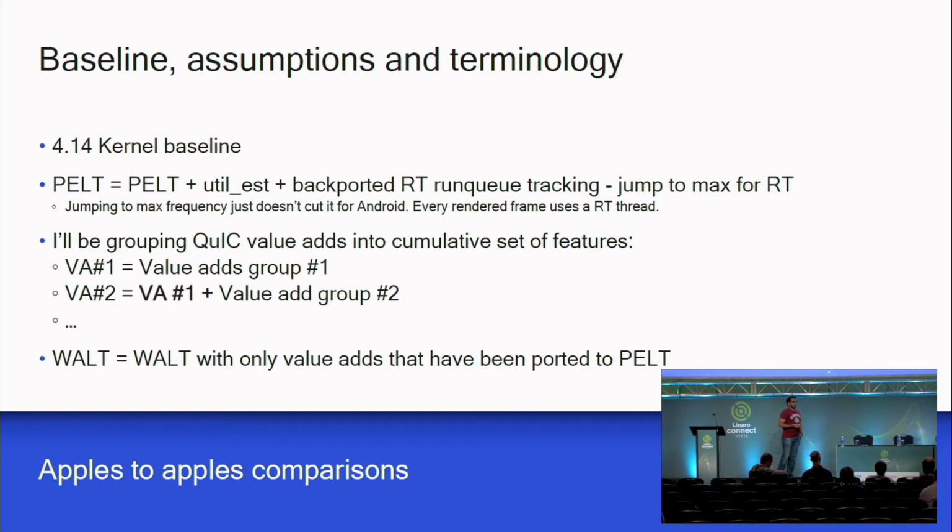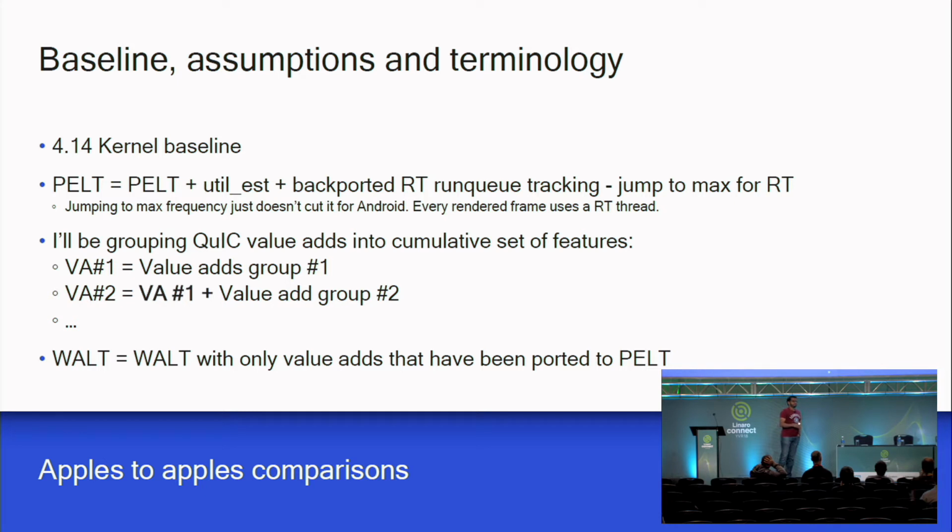Before I present the data, some baseline assumptions and terminology. All of this work has been done on a 4.14 kernel. Whenever I say PELT on the subsequent slides, I always mean PELT with the util-estimate patches, with the RT-level run queue tracking PELT signal backported.